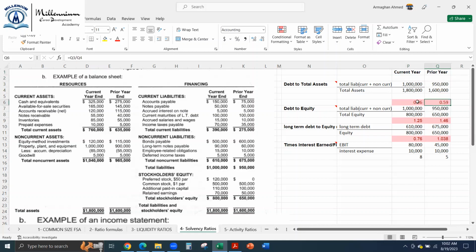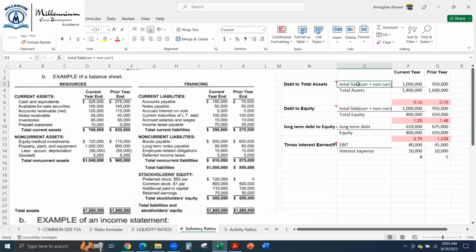The 59% became 56%. It seems the liability increased over the period, and the debt to total asset ratio actually decreased. So is it better or not? See, we are calculating total liabilities out of total assets.